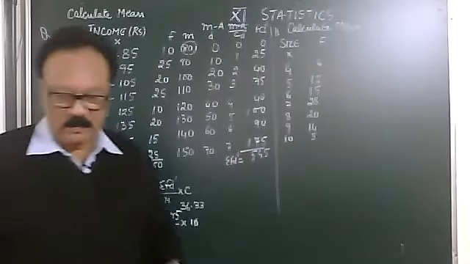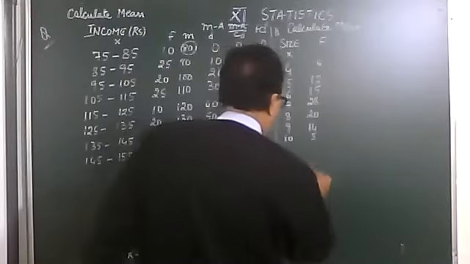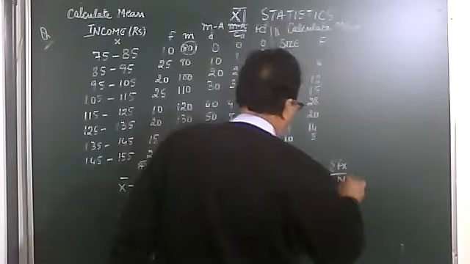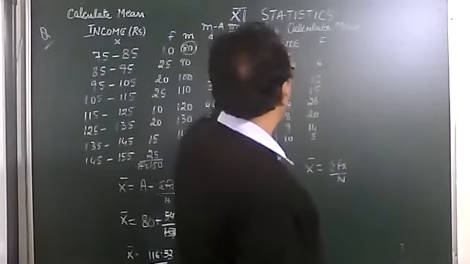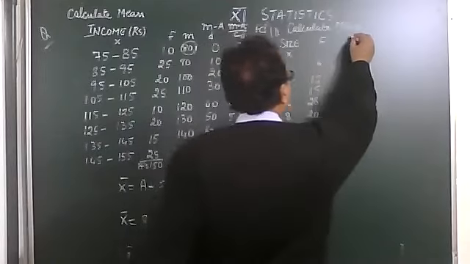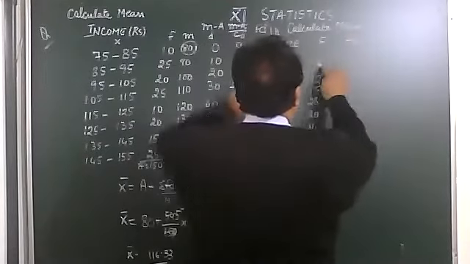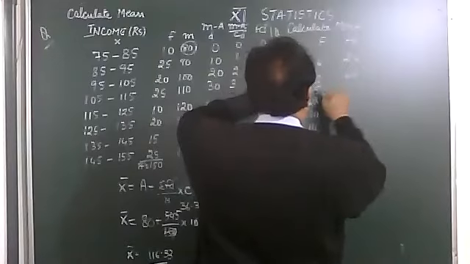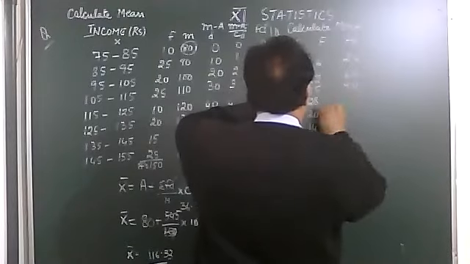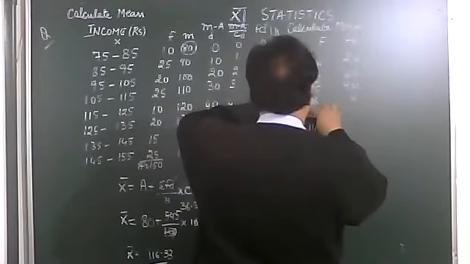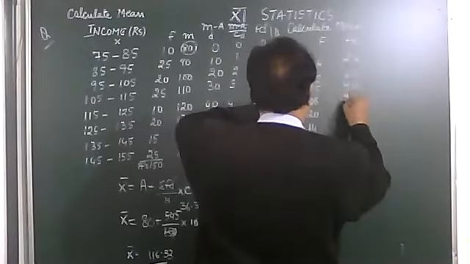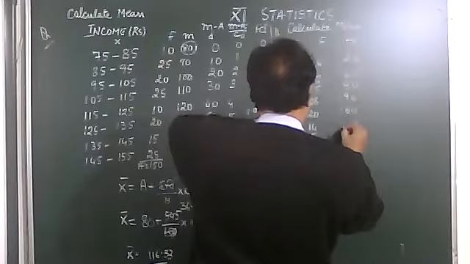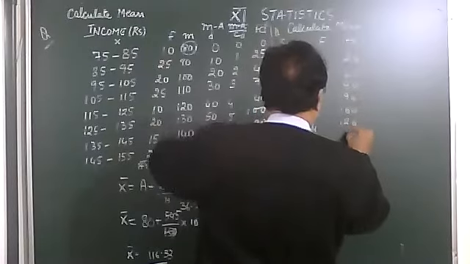The formula is sigma fx: mean is equal to sigma fx upon n. What do we need? fx, multiply f with x to get fx. 6 4s are 24, 12 5s are 60, 15 6s are 90, 7 8s are 56, and so on.